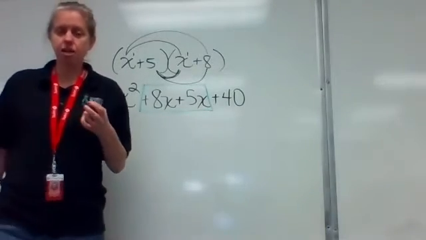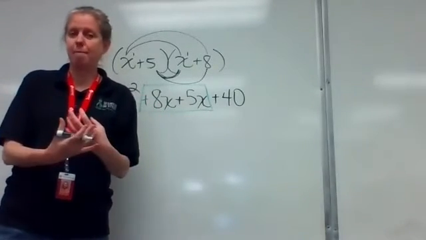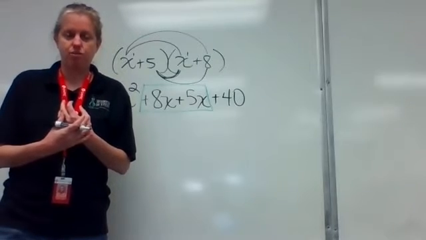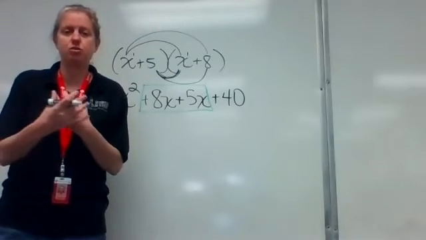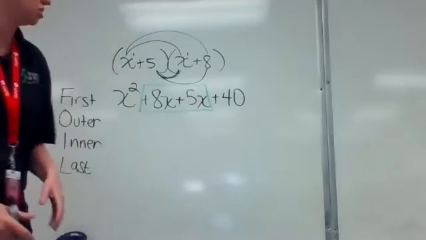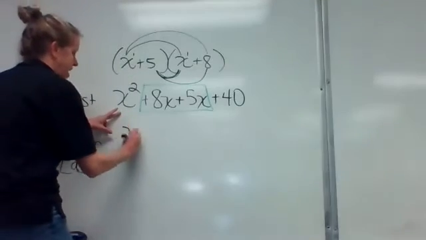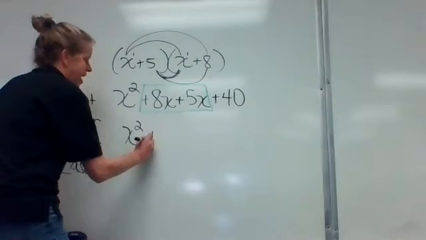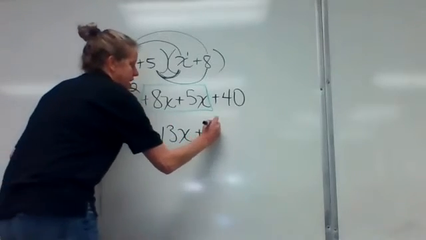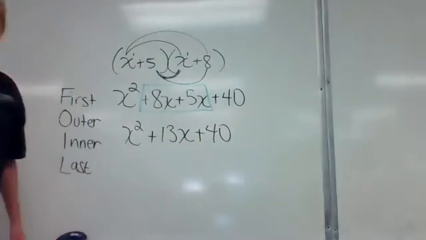Now, here's the tricky part. I'm putting them in the same basket, which means not changing their exponent, right? I'm just putting them in together to be just one term instead of two. If you're like terms, there's no reason to write you separately. So I have x squared, putting my x's together, I really have 13x, bring down my plus 40.